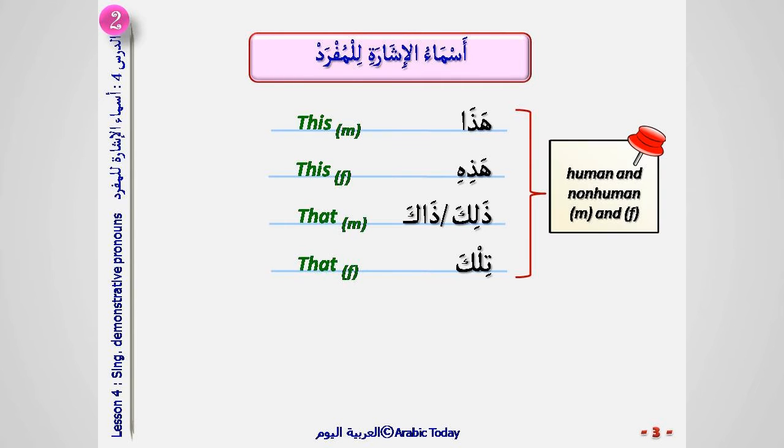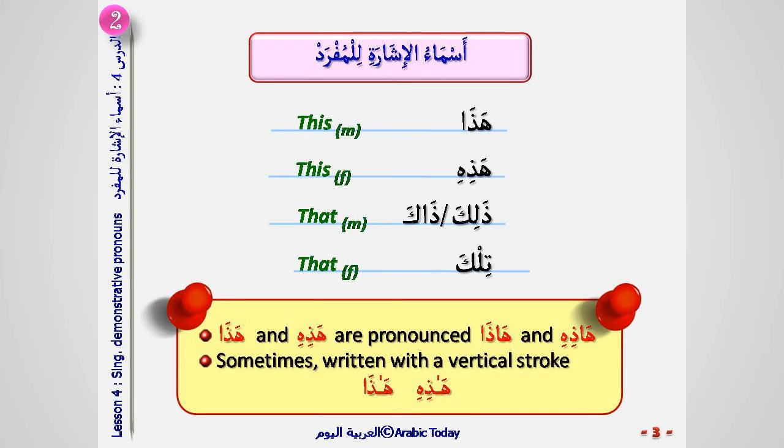All these pronouns are used for both humans and non-humans. Note that هذا and هذه are pronounced هذا and هذه. Sometimes they are written with a vertical stroke to show the stress on the alif mamduda after the letter ha.